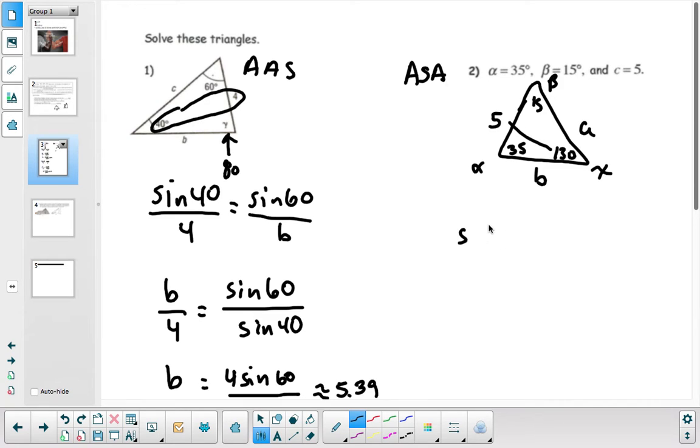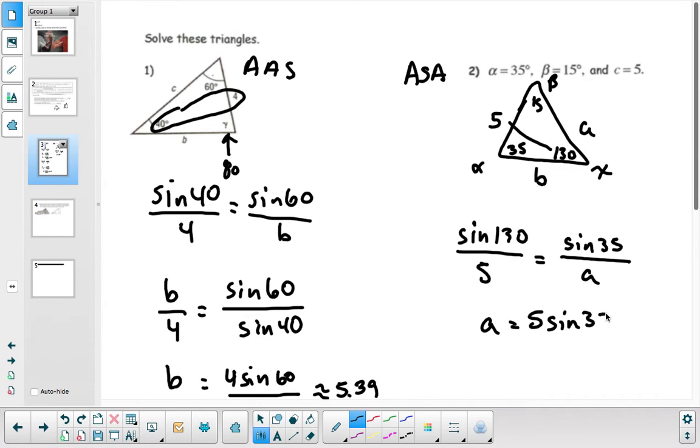We'll use that. So sine of 130 over 5 is equal to, pick one, doesn't matter from here, sine of 35 over A. Solving for A, you should get this, which is about 3.74.